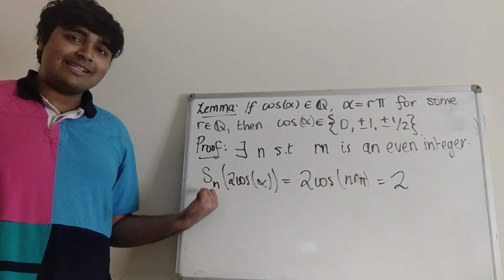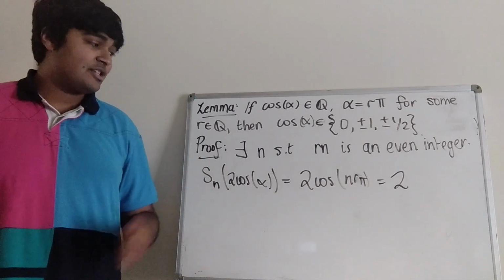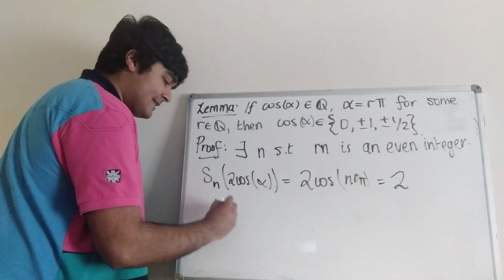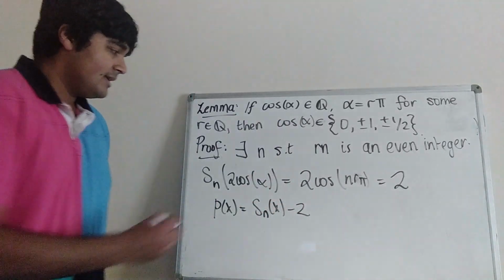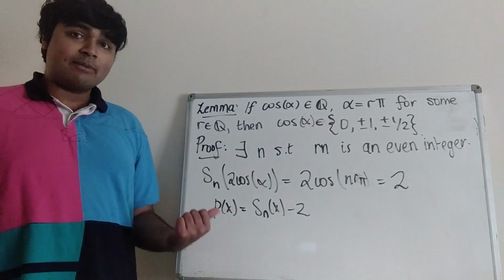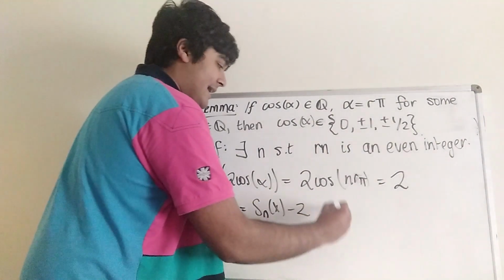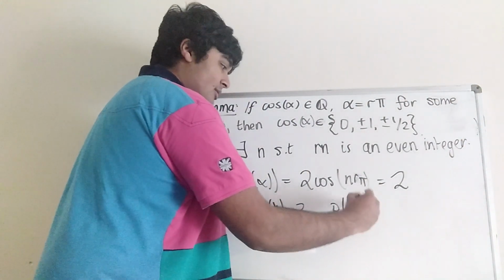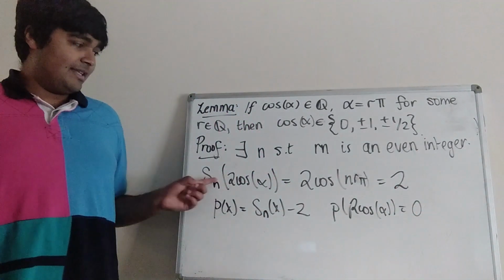But if you remember what Sn was, it's a monic polynomial, and it has integer coefficients. So if I consider p of x, which is just going to be Sn of x minus 2, then this guy here is also a monic polynomial with integer coefficients. And notice that p of 2 cos alpha is going to be 0 because of this line here.